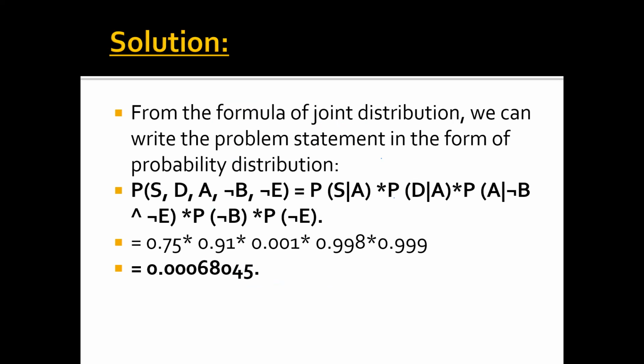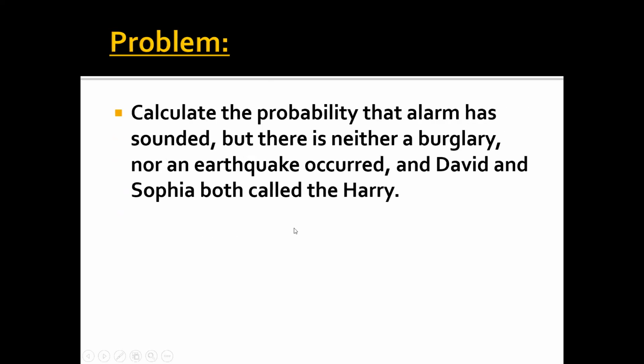So S comma D comma A. You can write it in any sequence, it is not compulsory. Here I have written all the positive events together and then the negative events later on. So from the diagram, we'll see S, D, A. Next, we had neither burglary nor an earthquake.